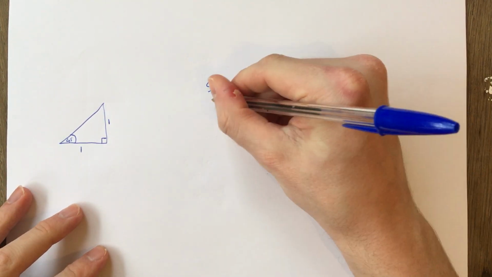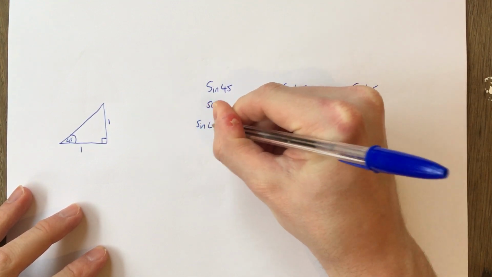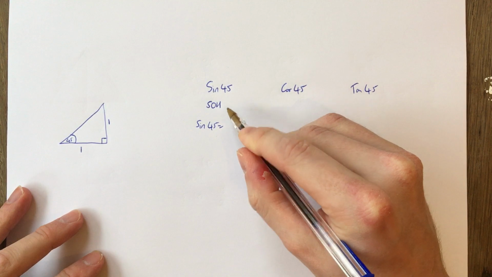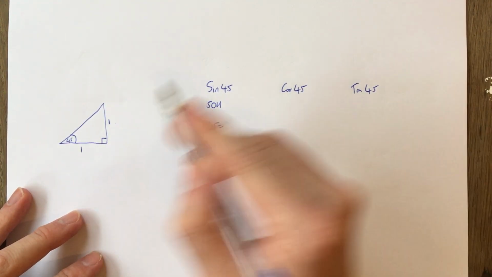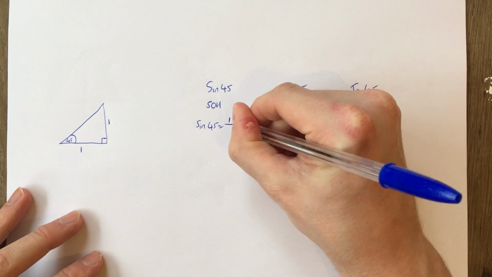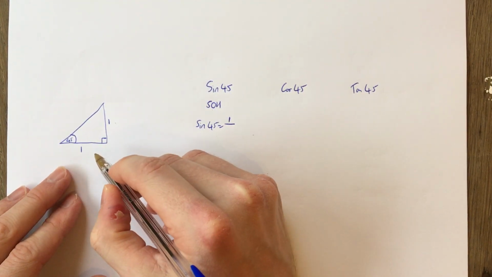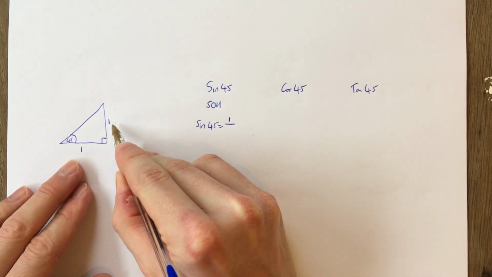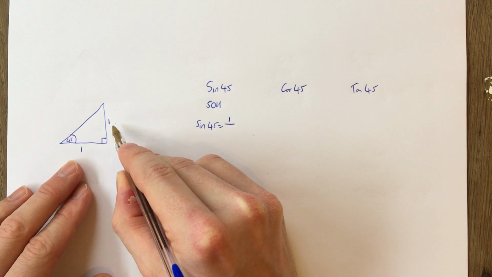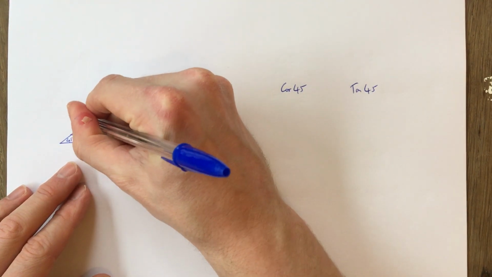Right, sin 45. So sin 45 equals opposite divided by hypotenuse. So the opposite here is going to be 1. The hypotenuse we have to work out. Again, just use simple Pythagoras: a squared plus b squared equals c squared. So 1 squared plus 1 squared is 2, and you want to square root it, so it becomes root 2.